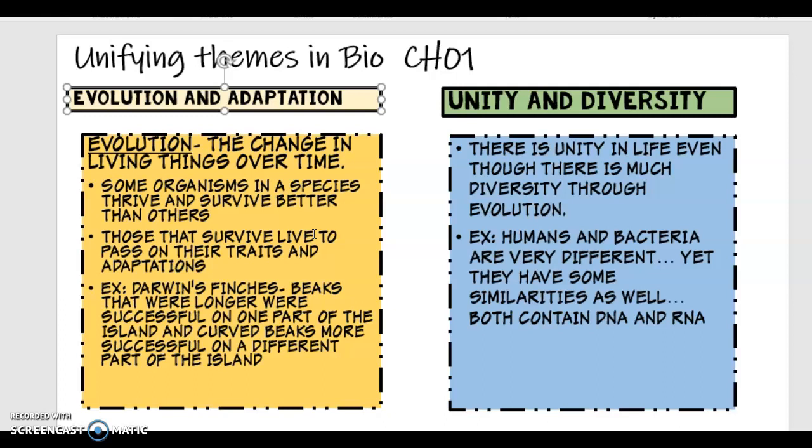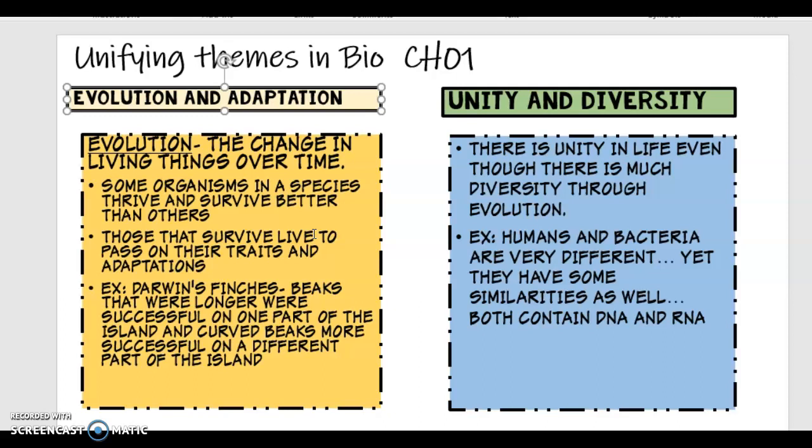Turns out there were several different types of finches, but there were long-beaked finches and some curved-beaked finches. The long-beaked finches really survived in one particular area to eat insects and very, very small organisms. And then the finches with curved beaks, they survived by eating fruits.